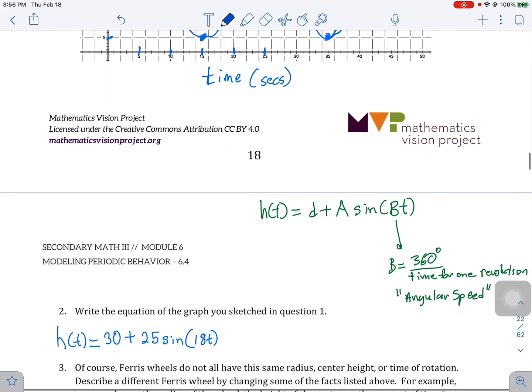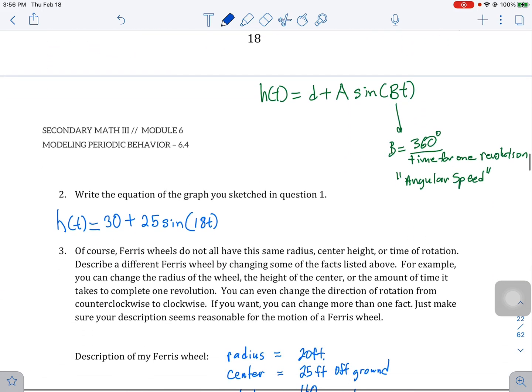Now, there is an equation that we used, and that is given here: 30 plus 25 sine of 18t. We can generalize this by saying D is the center.